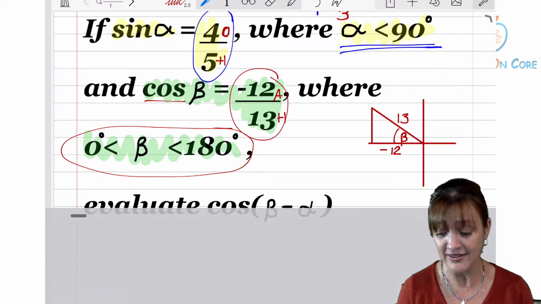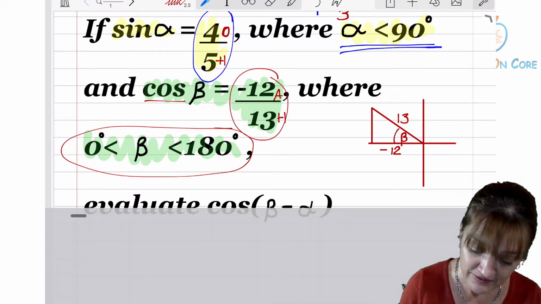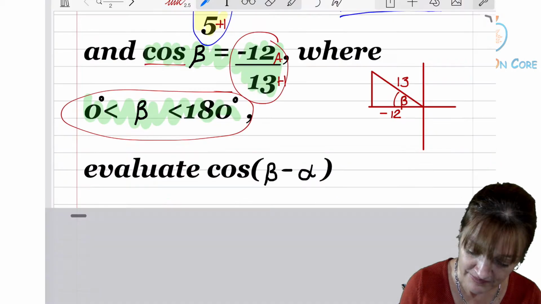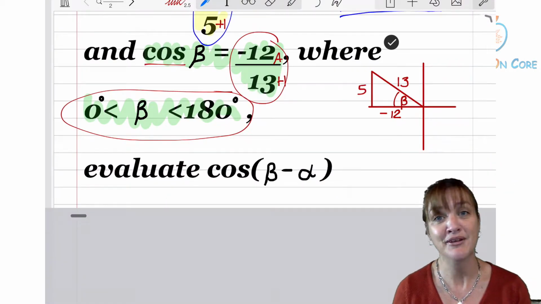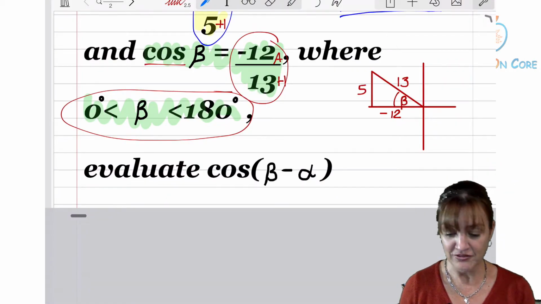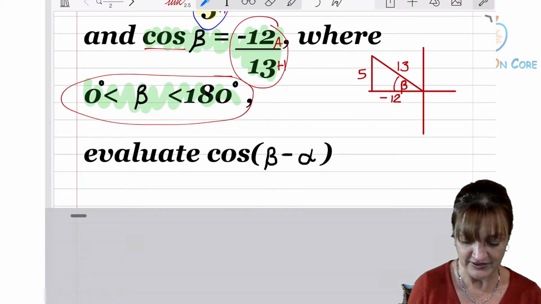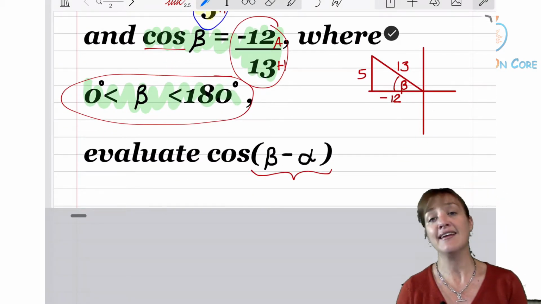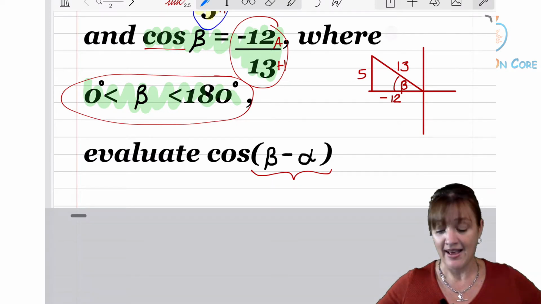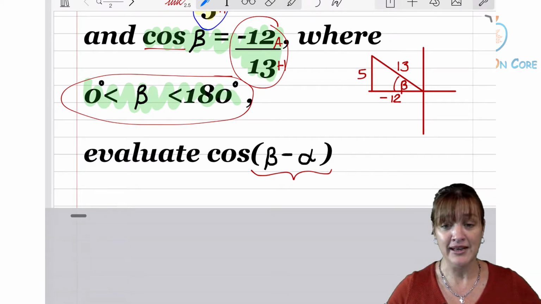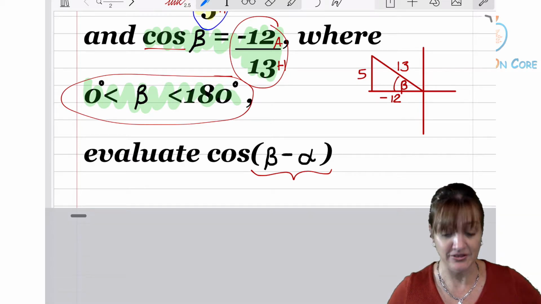Again, Pythagoras is what you need to apply to find your missing side over here, which is going to be 5. Okay, now that you've got those two little diagrams in place, do you see that this is most definitely a compound angle? So we're going to have to stretch it out.